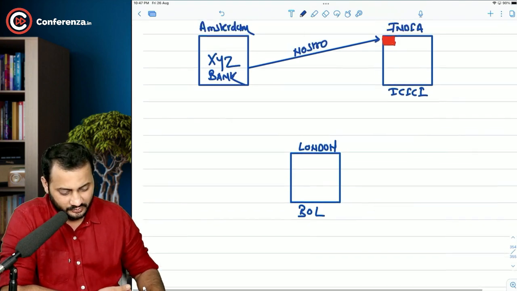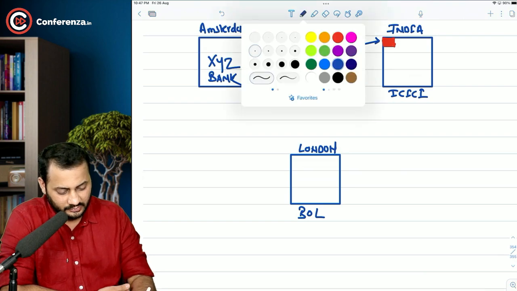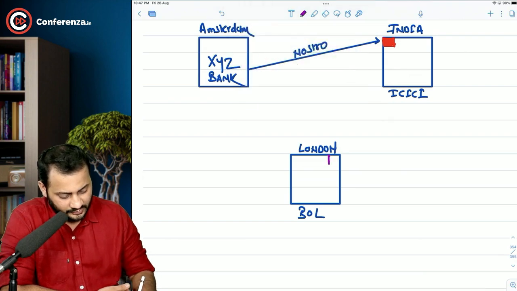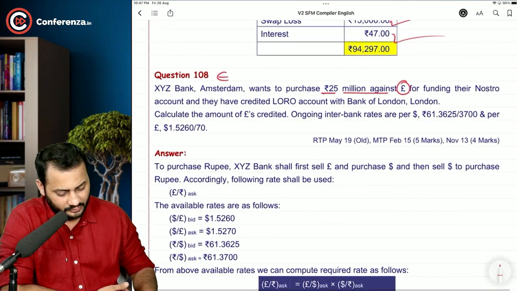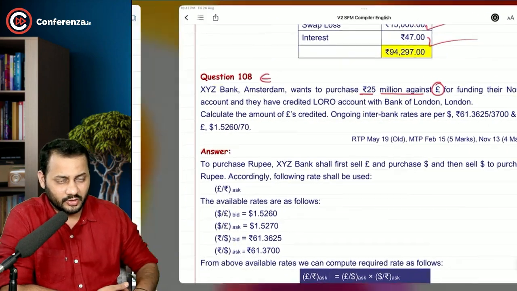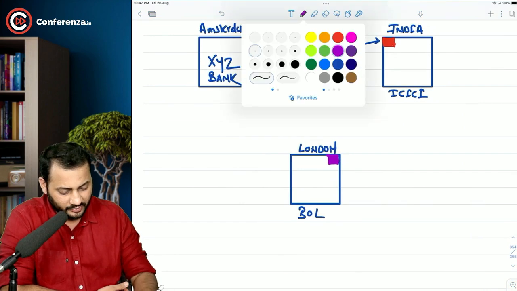Okay. Now, there is another account in here. And understand, they have credited the Loro account. So who has credited? XYZ, obviously.